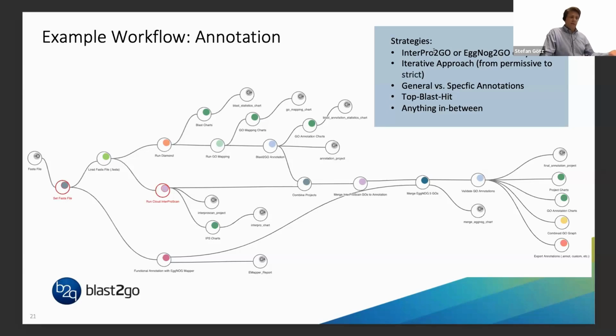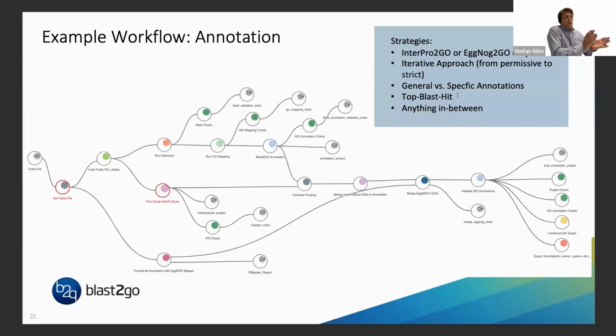They go just for protein domains and families, and then they transfer gene ontology function from there. Others like to take into account evolutionary concepts, orthology groups, phylogenies. So they will go for Eggnog, and they will transfer functions from the Eggnog. Maybe the most conservative approach would be to just go for the top BLAST hit.